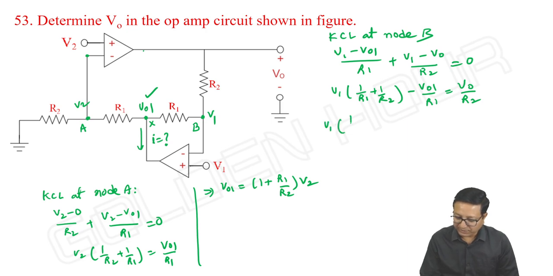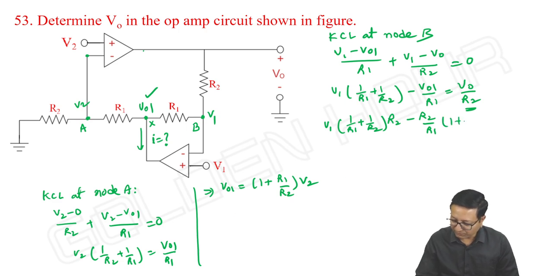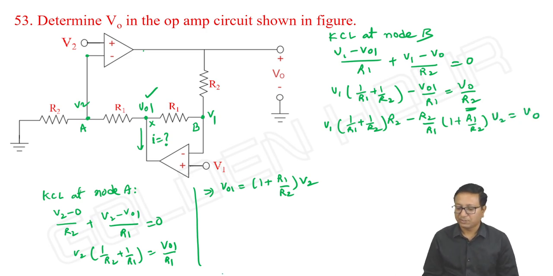So V1 into (1 by R1 plus 1 by R2), or let me take this R2 to the left hand side. I'm just minimizing the steps, nothing else. Minus R2 by R1 into VO1, which is (1 plus R1 by R2) into V2, is equal to V output.